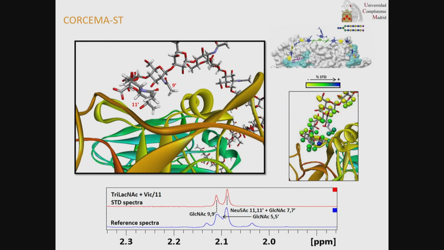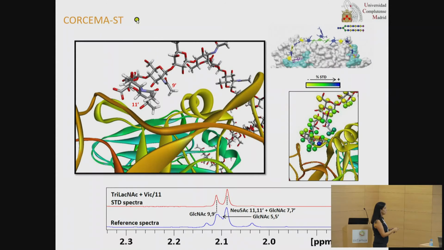Then this is the model made by Rob Boots, who kindly provided us the coordinates. And once you have a model, you can back-calculate with this program the expected STD. We have done this with the model, and the predicted STD values are in good agreement with our real STDs.